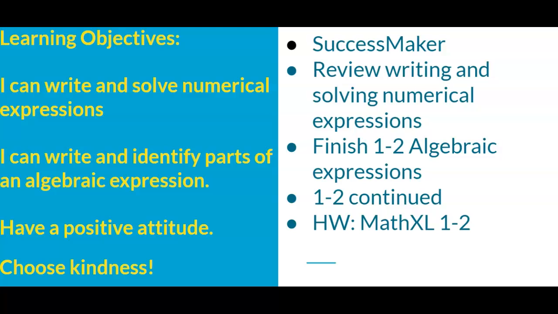First thing, we are going to review what we did yesterday, which is identifying parts of an algebraic expression. Who can tell me a key term from an algebraic expression? Jason. Good.